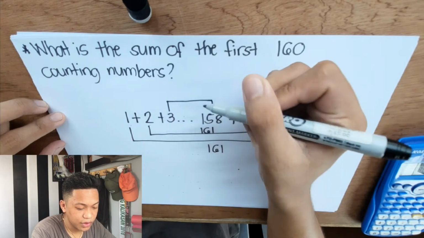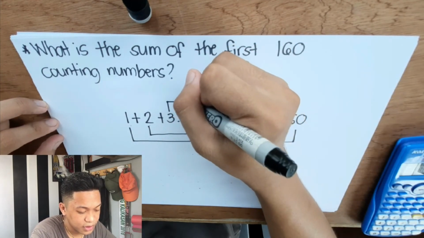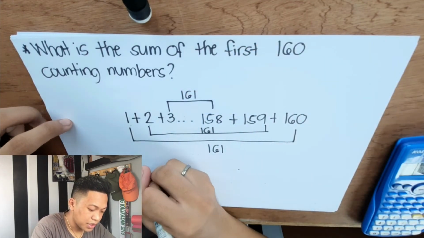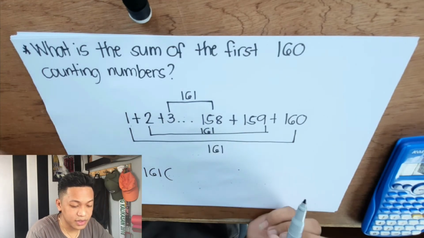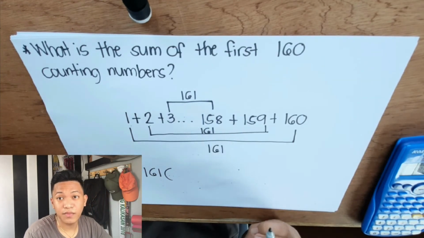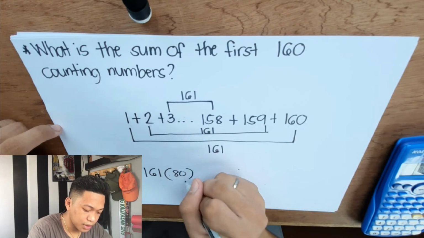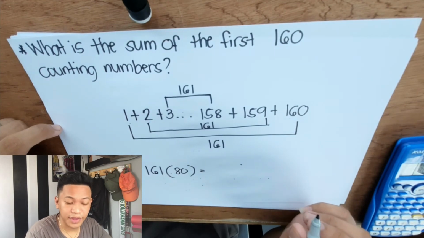The third term to the third to the last term is 3 plus 158, which is 161. So, we will write 161 times the number of pairs. So, 160 divided by 2 is equal to 80. So, we will multiply 161 by 80.